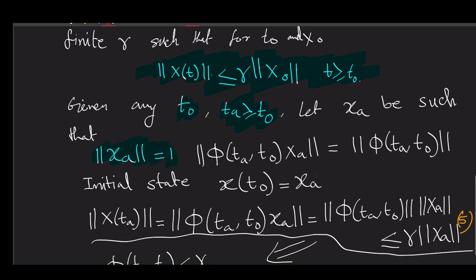It is not a big deal. If norm of xa is equal to 1, then that implies phi(ta, t naught) xa will be equal to phi(ta, t naught) into norm of xa.